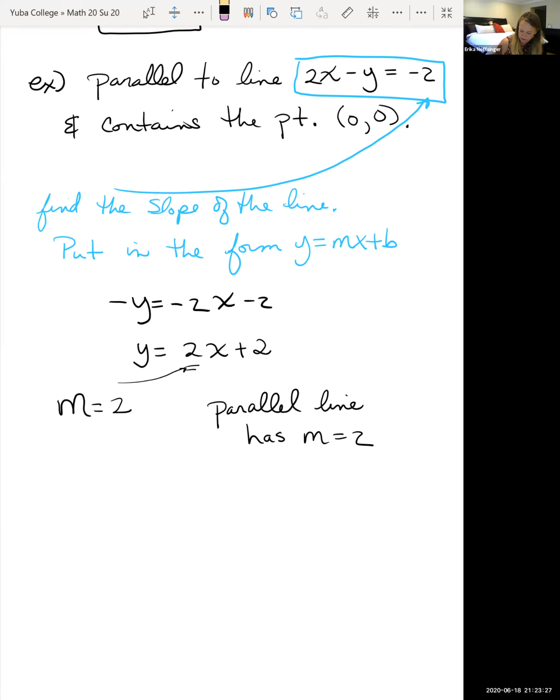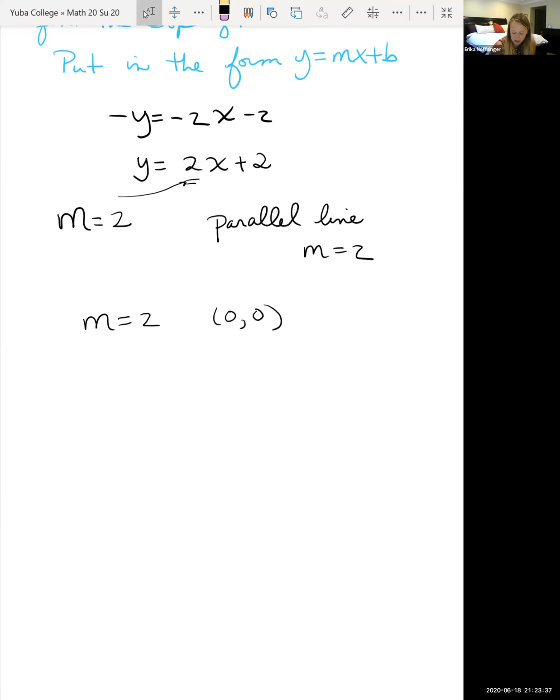Okay, so we know a point and we know the slope. You can use your point-slope formula, or if you plug in the x value and y value of your point and your slope, we can figure out what we have.